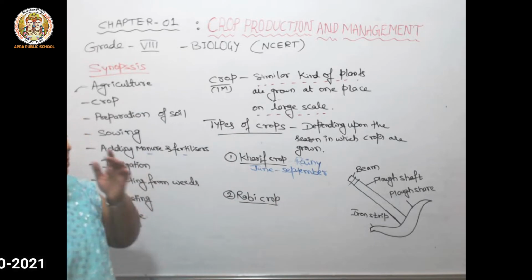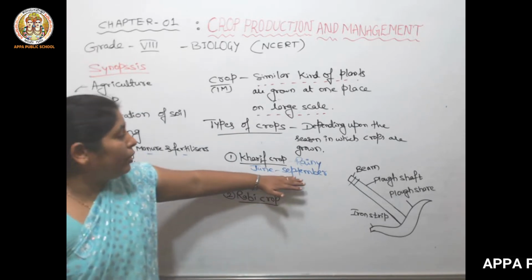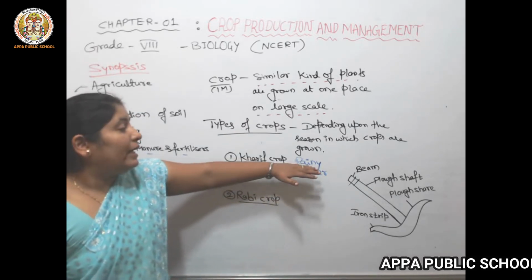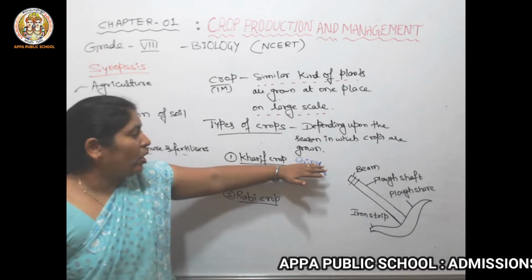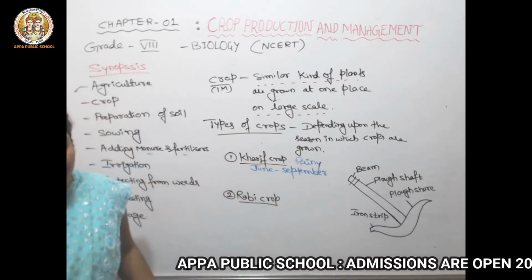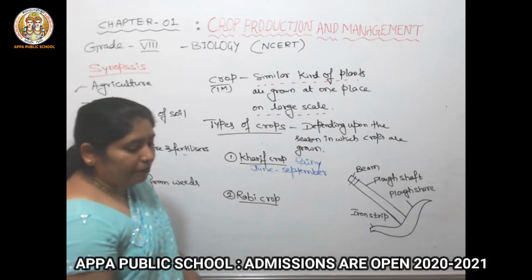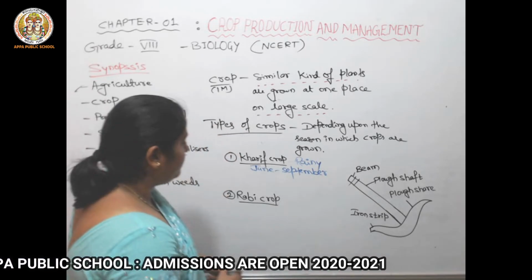June to September. If the grains are grown during the month of June to September in the rainy season, then those crops are called kharif crops. Right? So, what are the examples for that?